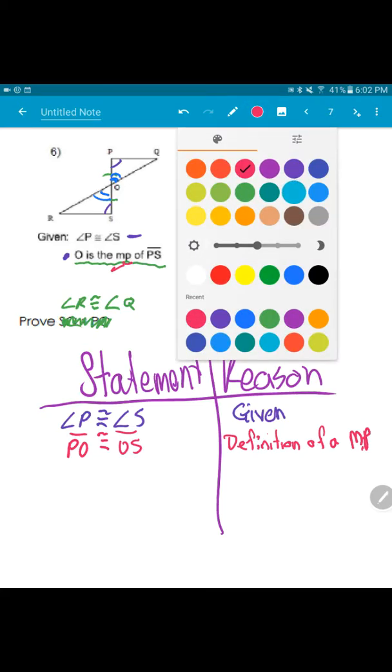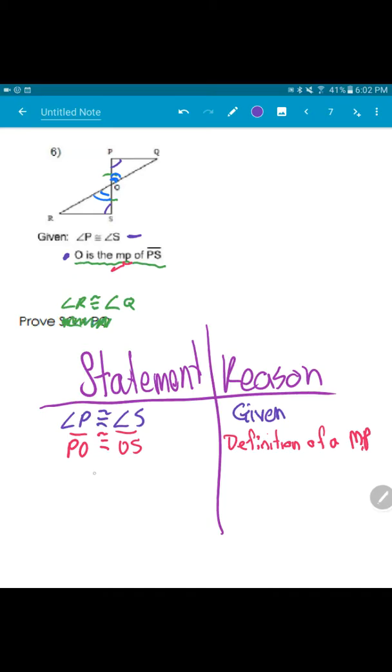Our final one that we found for ourselves was angle ROS is congruent to angle QOP. That was because they were vertical angles. And as we know, vertical angles are always congruent.